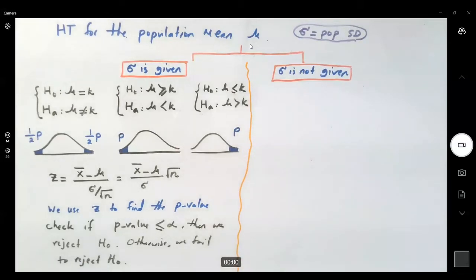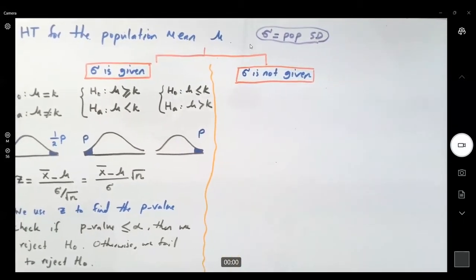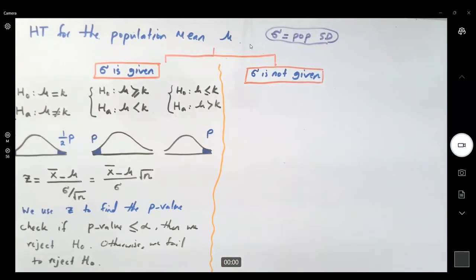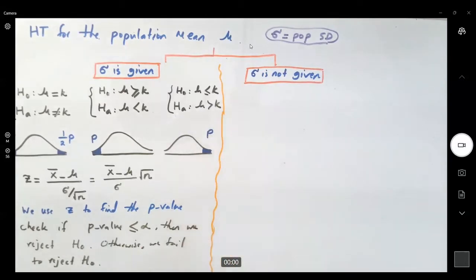Now the most important case is when sigma is not given to us. We're going to follow the same steps, but instead of calculating z, we're going to calculate t. That's the difference between them.